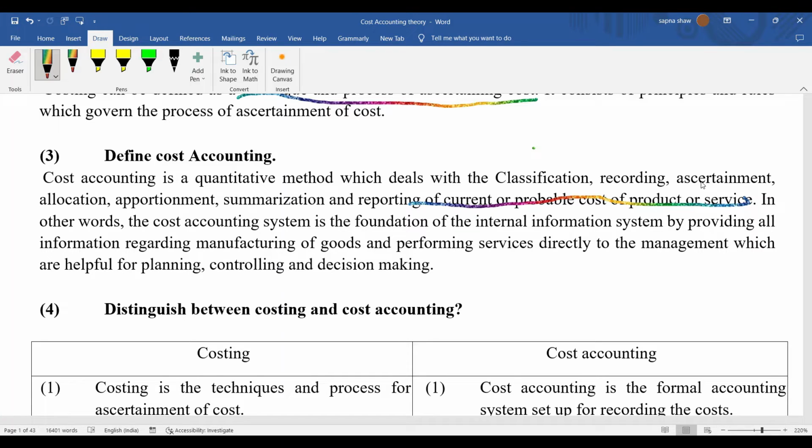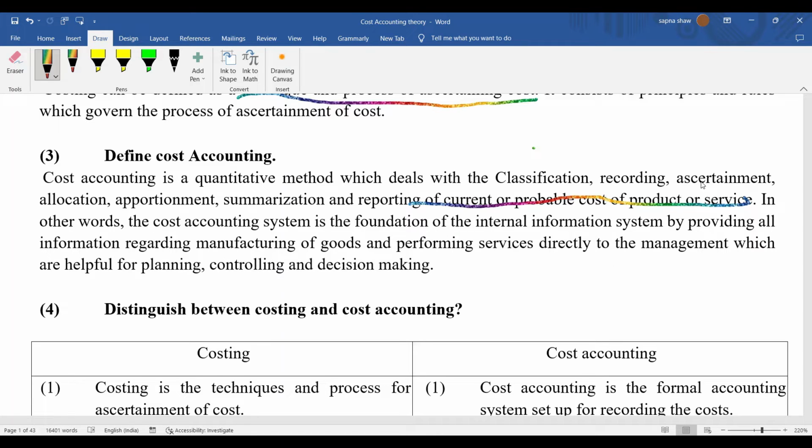But what is the benefit of classification? Suppose we have classified that rupees 30 we have incurred for raw material, rupees 10 for electricity bill, and so on. So if we check and find that only 5 rupees has increased because of the increase in price of raw material, we can easily get exactly what is the reason for the increase in the cost. That's why classification is important.